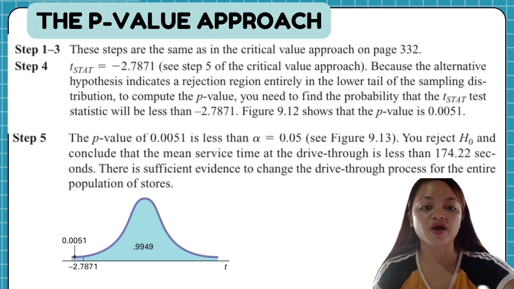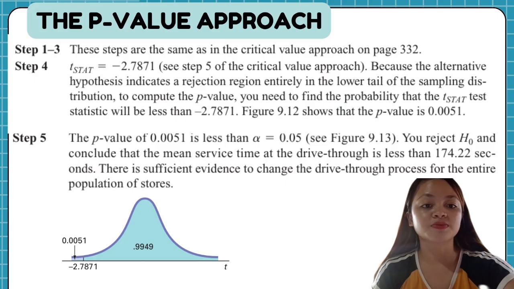Since 0.0051 is smaller than 0.05, the result is very unlikely by chance, so we reject the original claim. This suggests that the average service time is significantly less than 174.22 seconds, and there's enough evidence to support making changes to improve the drive-through process.